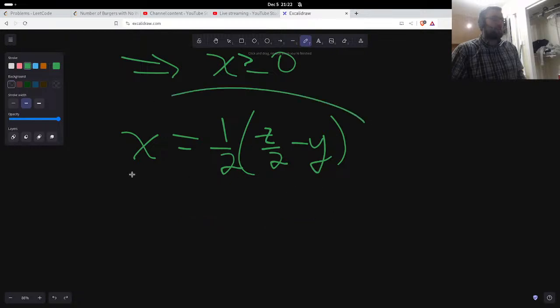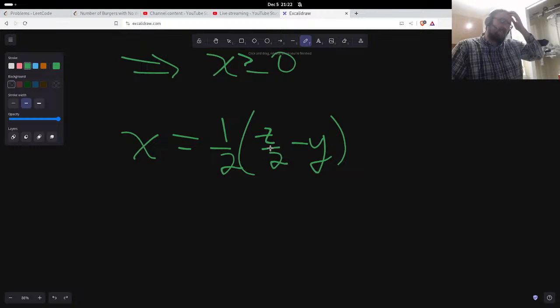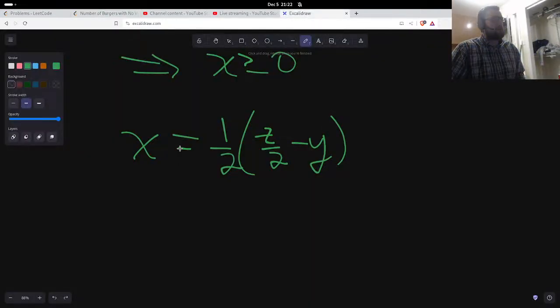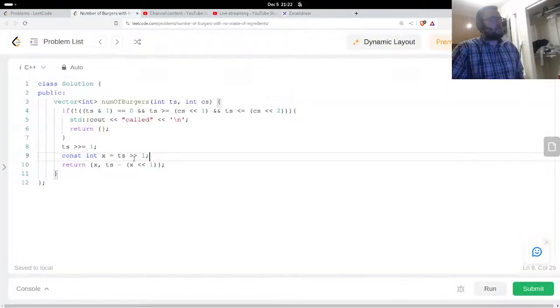Hold on, something about that doesn't seem right. z minus y has to be divisible by 2? Really? I don't think that's correct. Doesn't seem right. Huh. But we could do it that way.